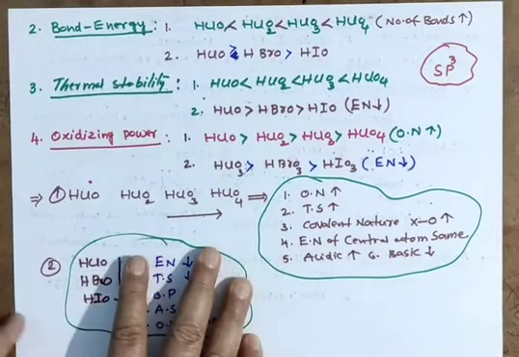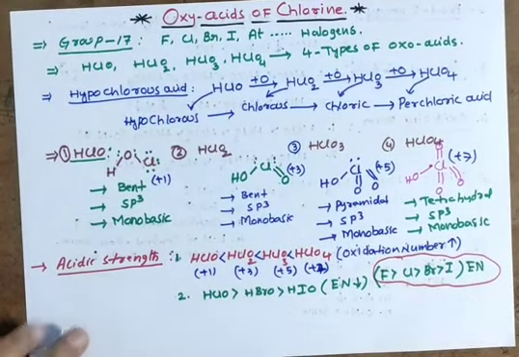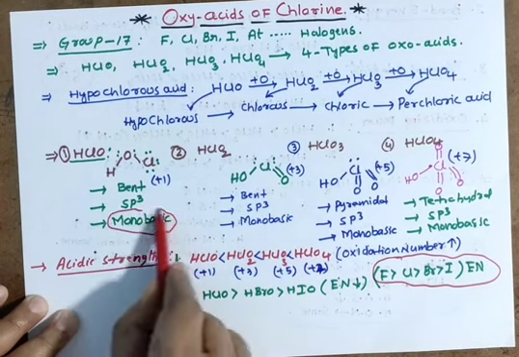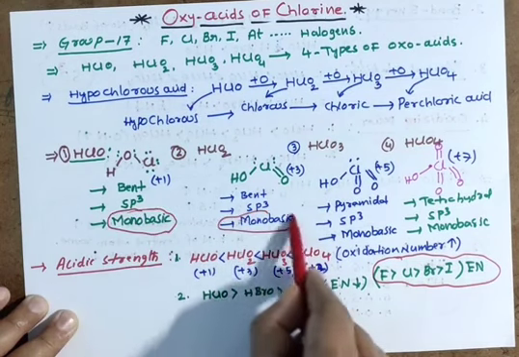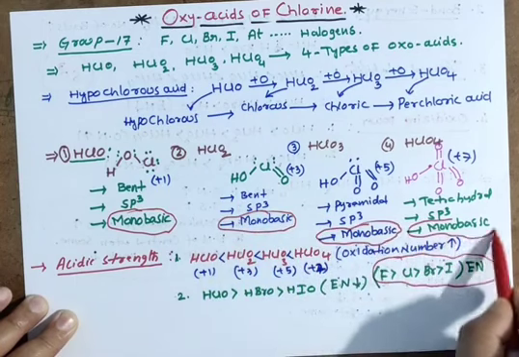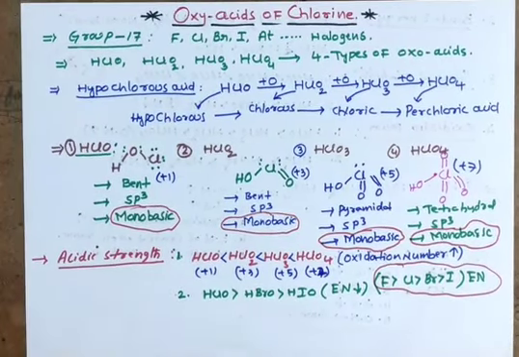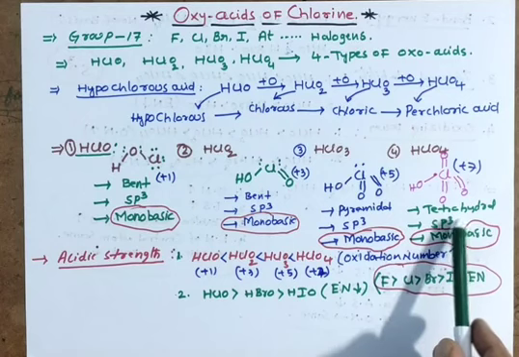That is also something you have to remember. Clear? Next, another thing you have to remember: all are monobasic, so only one hydrogen they can donate, because only one hydrogen is present. So all are monobasic, all are sp3 hybridized, with HClO bent shape, HClO2 bent shape, HClO3 pyramidal shape, and HClO4 perchloric acid tetrahedral structure.